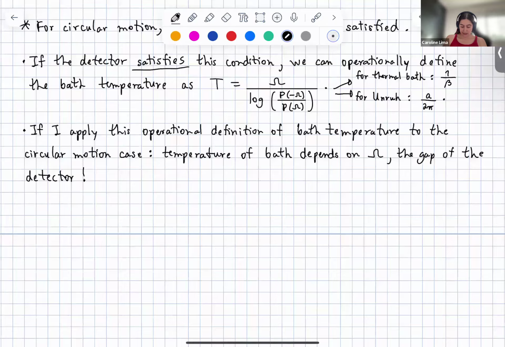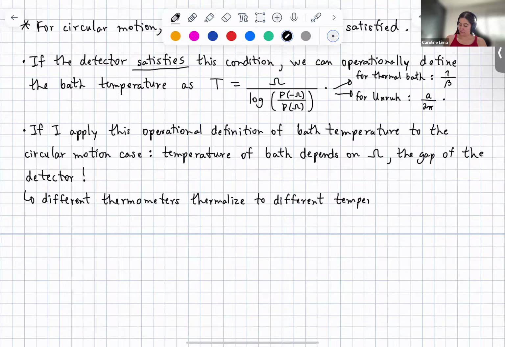What I'm saying here is basically that if I put two different thermometers, they will thermalize to different temperatures, which doesn't quite make sense, right?